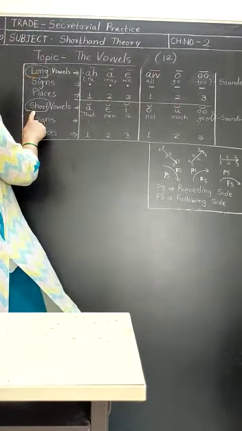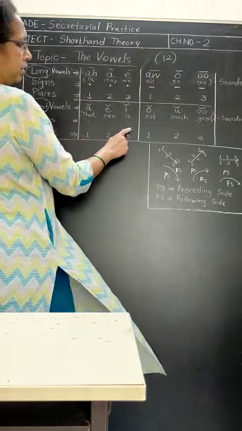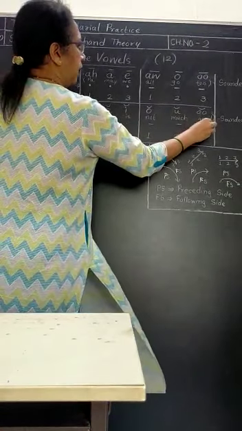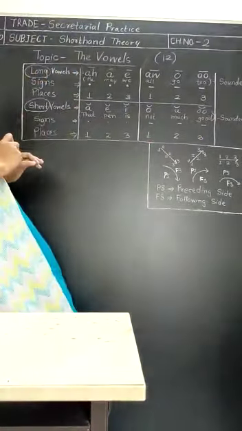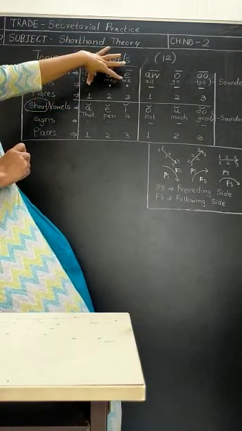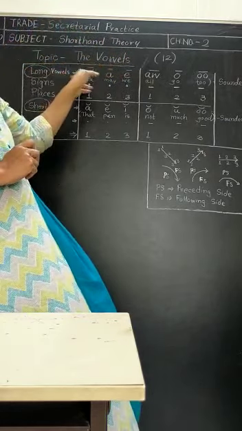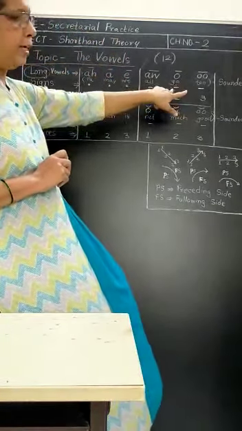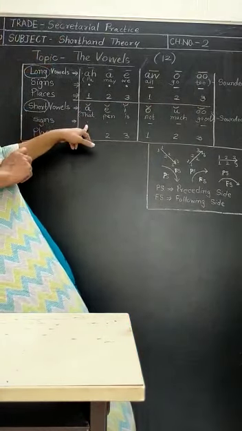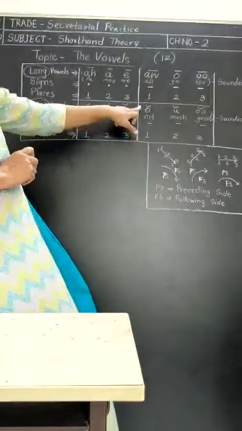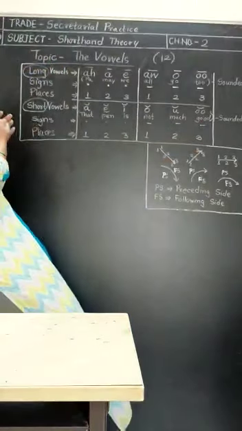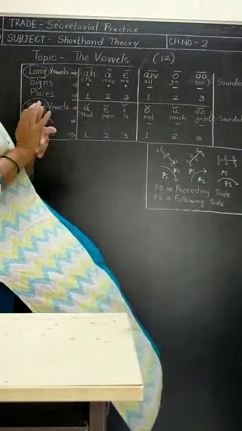And for short sounded vowels, there are light dots and light dashes. For long sounded vowels, the first 3 are shown by heavy dots and the next 3 by heavy dashes. In short sounded vowels, the first 3 are shown by light dots and the next 3 by light dashes.